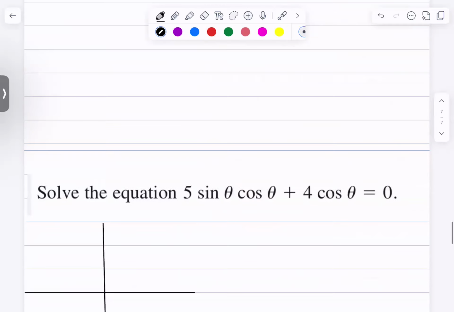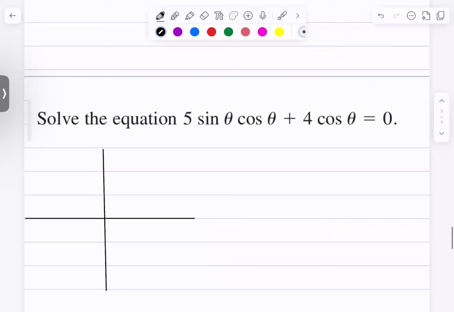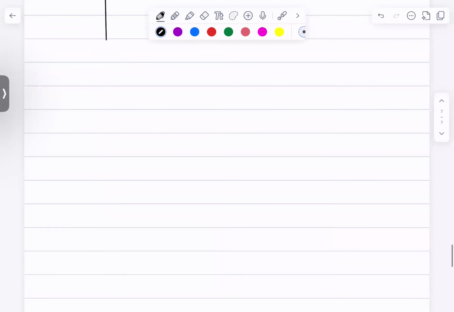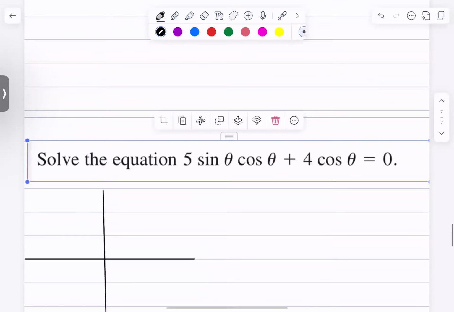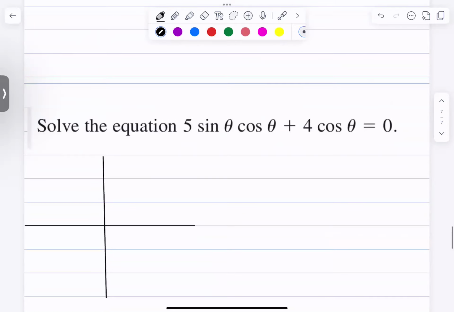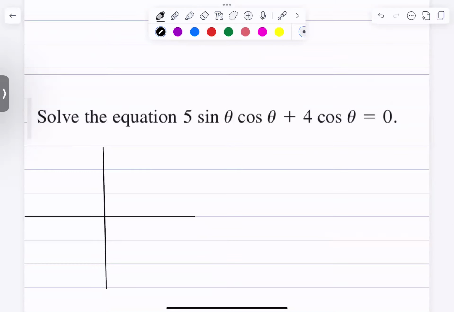Moving on to our last one. I want to do this one before we finish our lesson. So solve the equation 5 sine theta cosine theta plus 4 cosine of theta equals 0. What can I do here?